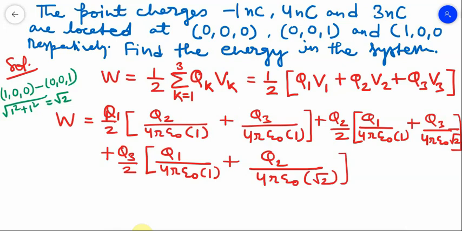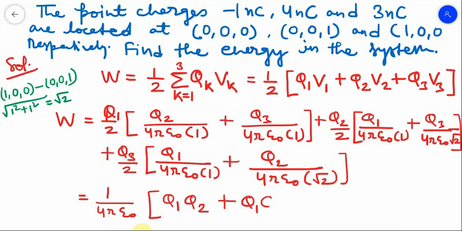Now if we take 1 upon 4 pi epsilon naught common from all the terms, how can we represent it? It is Q1 into Q2 plus Q1 into Q3 plus Q2 into Q3 upon root of 2.